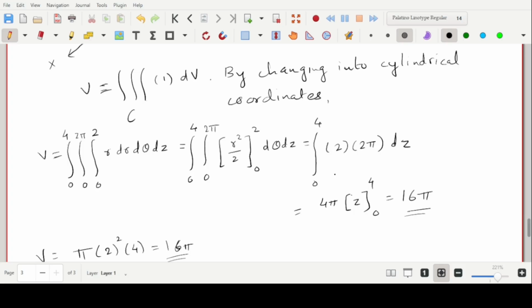The important thing is to properly use the relations between x, y, z and r, theta, z, and then properly determine the limits of integration. Alright, so that closes our discussion on the change of coordinates in case of triple integration.